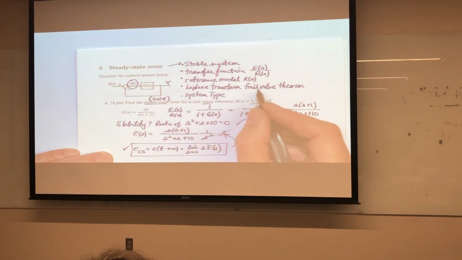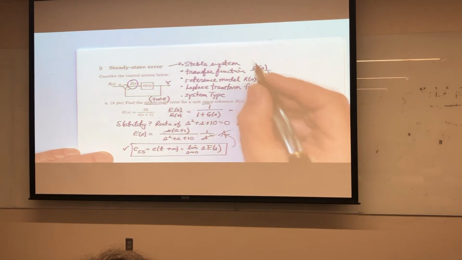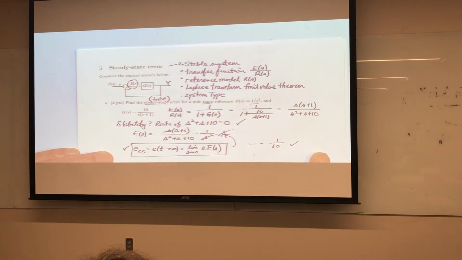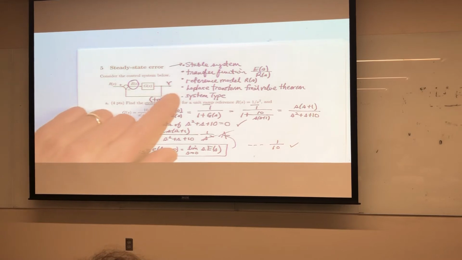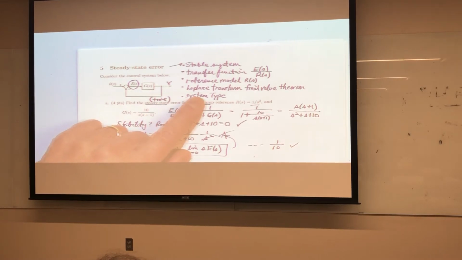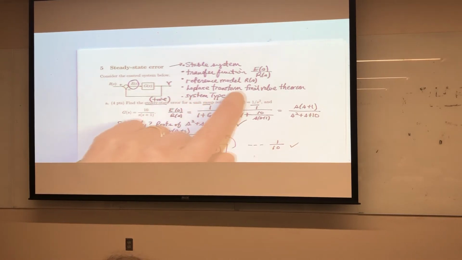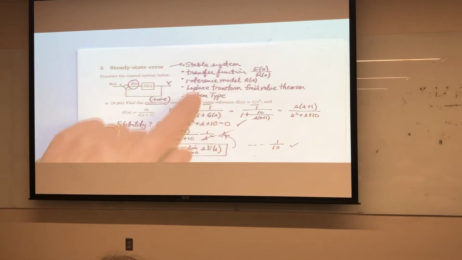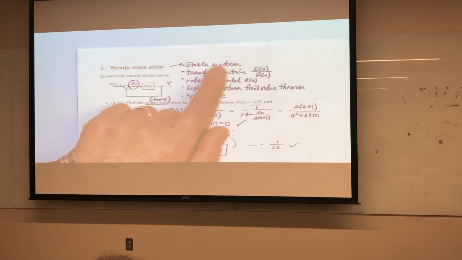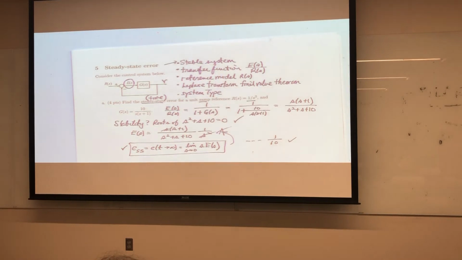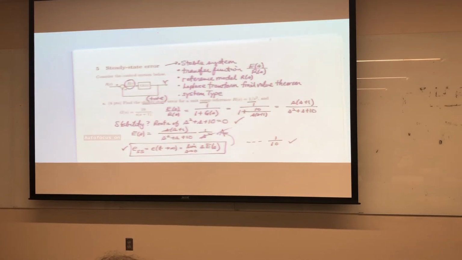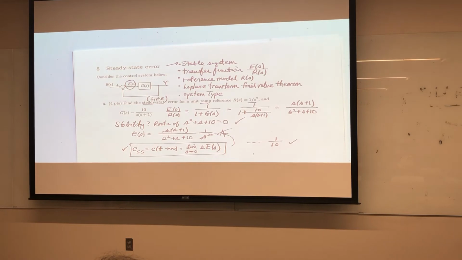Know when it is valid to apply the final value theorem. It comes back to this question of stability. Alternatively, you can apply the system type equation. Again, the system type equation and the final value theorem come from the same root principle of system analysis, and they are only valid if the system is stable. So those are the chief concerns that we have there.